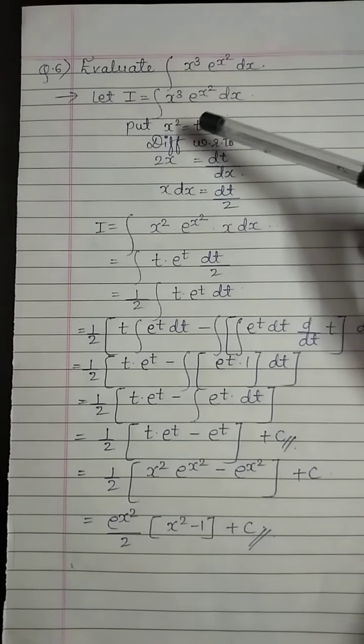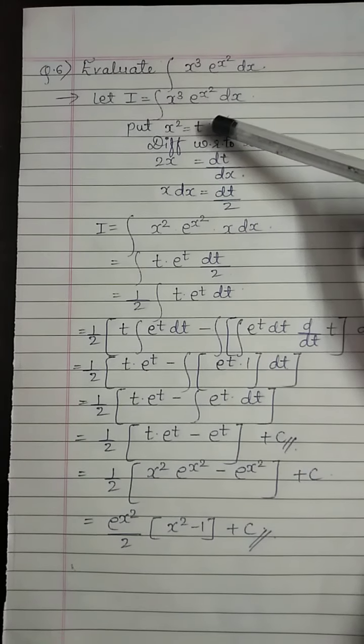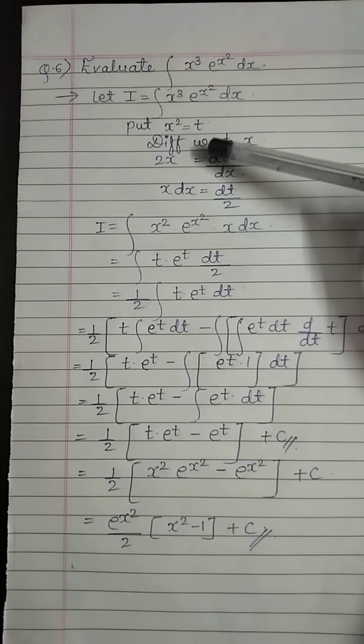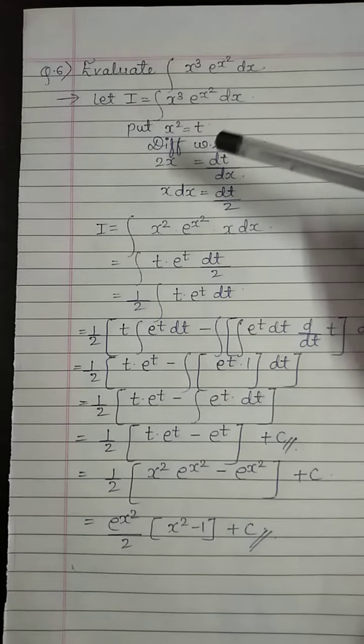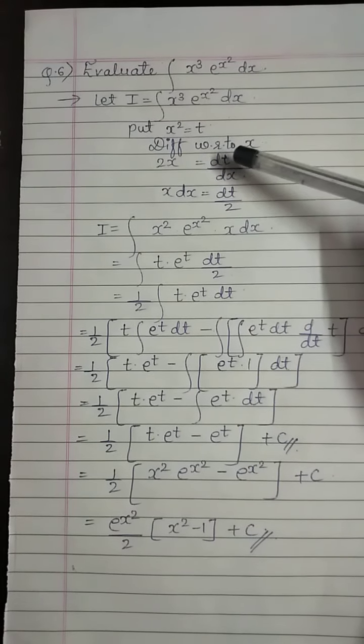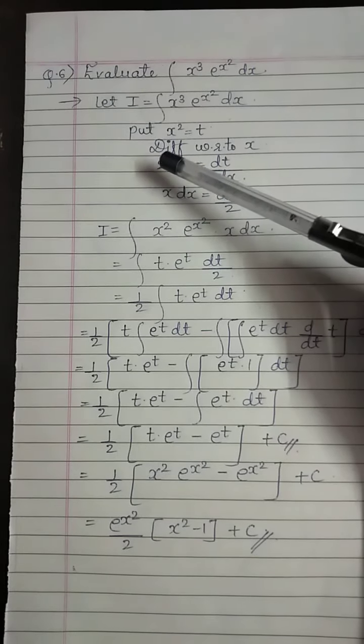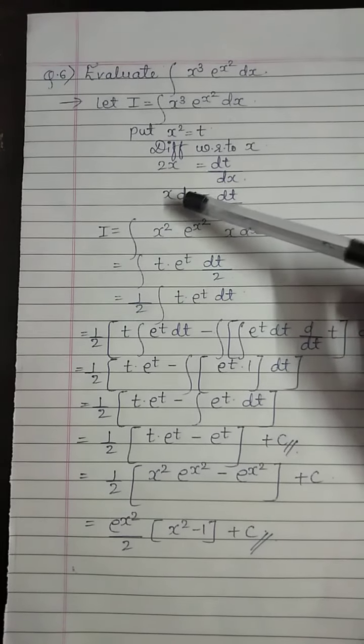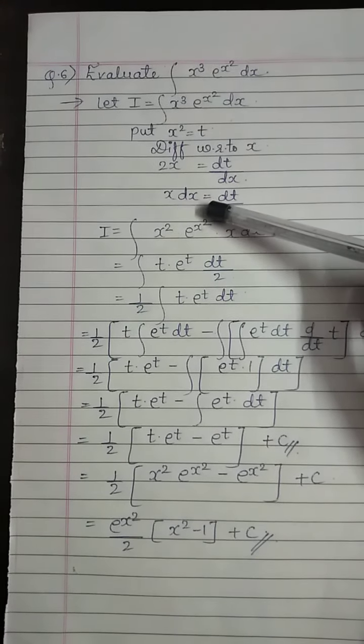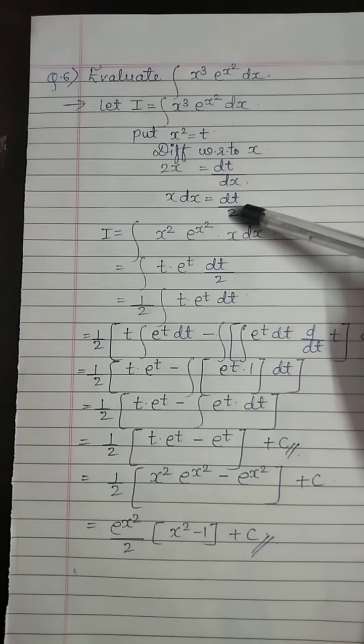So here we will put x square is equal to t. Now differentiating with respect to x, 2x is equal to dt by dx. Shifting dx to this side and 2 to the right hand side, we will get x into dx is equal to dt by 2.